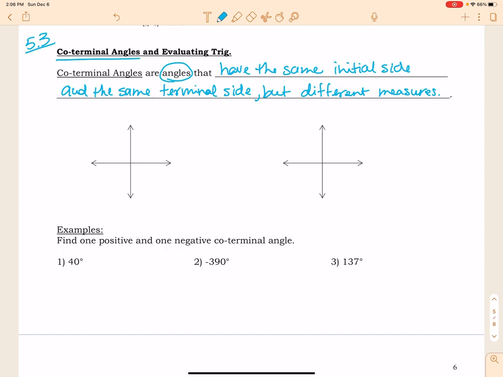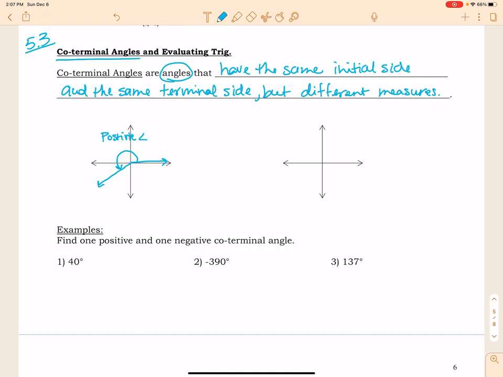Well, here we go. Let's talk about a coterminal angle. Let's say I start here in standard position and I go in the positive direction to right here. So I've got a positive angle measure right here.